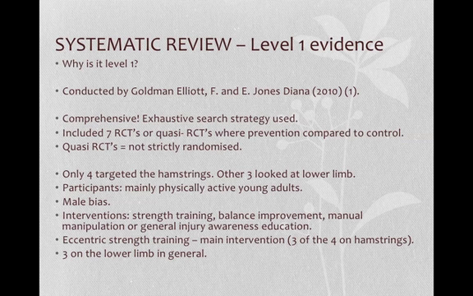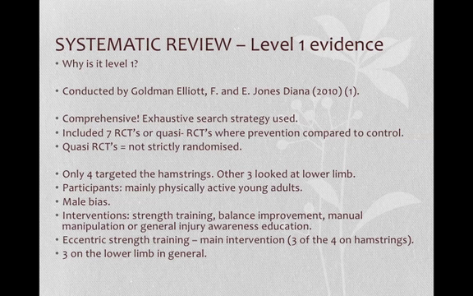Only 4 of these 7 targeted the hamstrings. The other 3 looked at the lower limb in general, and these had enough data on hamstrings for them to be able to fit the exclusion protocol that Goldman and colleagues had.